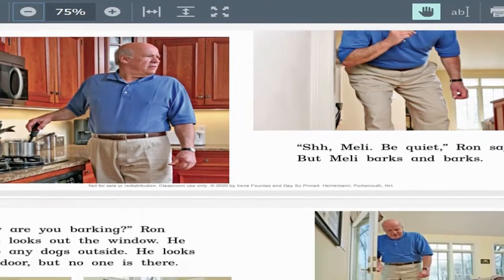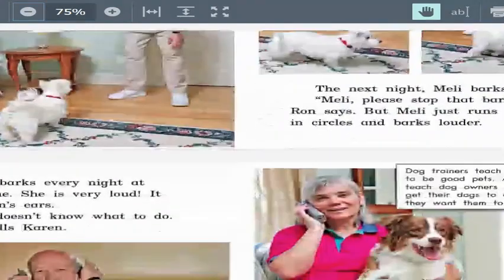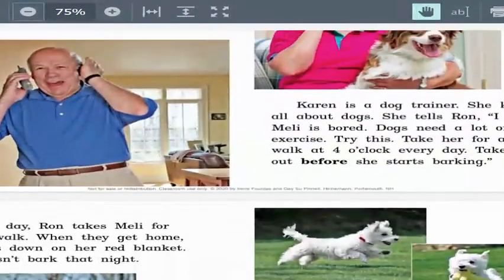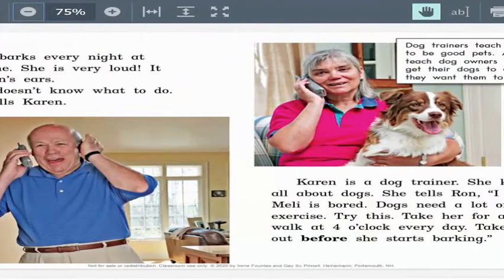Let's look at page 10 and 11. And I know, Paula, you're not reading with everyone else. So just think, if you don't have someone to share it with, think in your own mind what might make her bark. Okay. On page 10 and 11, Meli barks every night at dinner time.